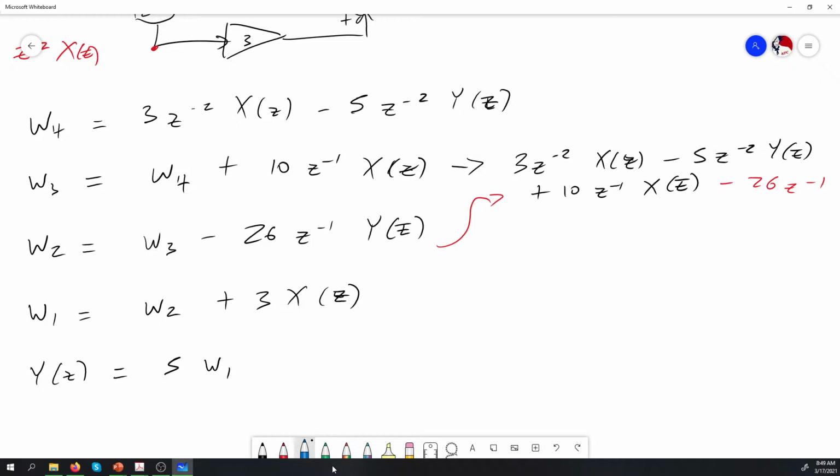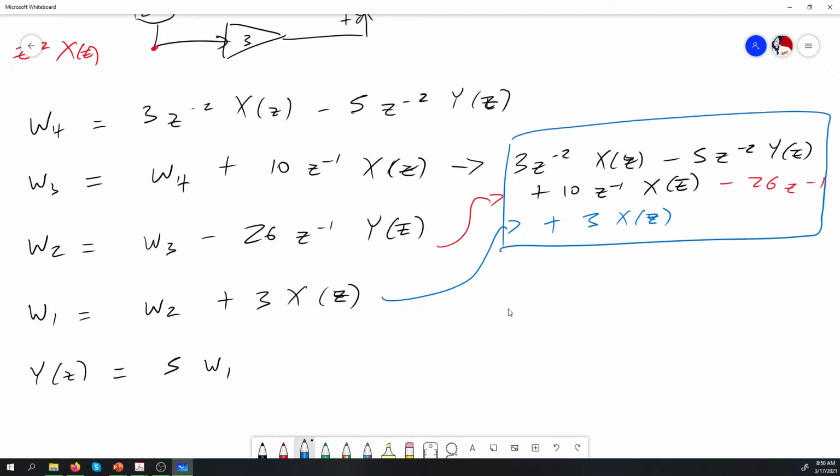Then W2 here is also positive, so then we add 3 x of z, and then we have y of z here just multiplying by 5.